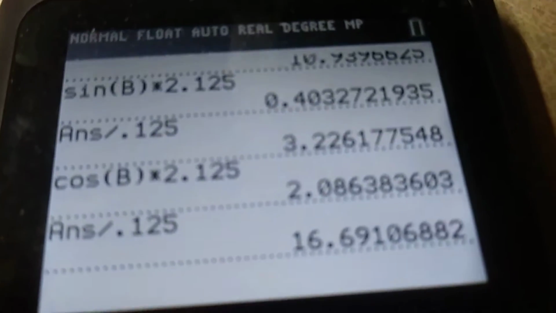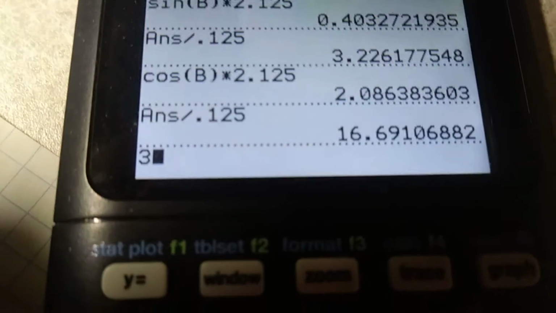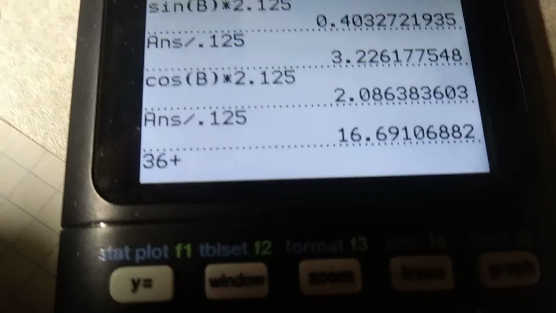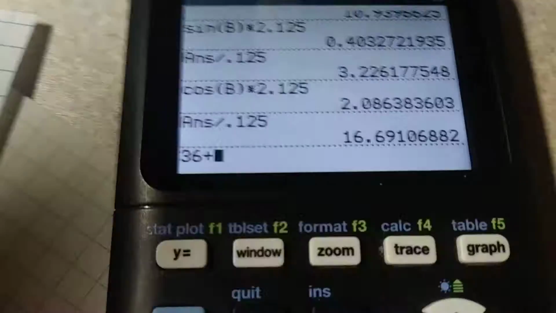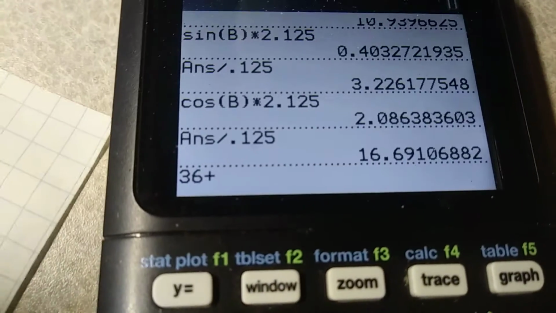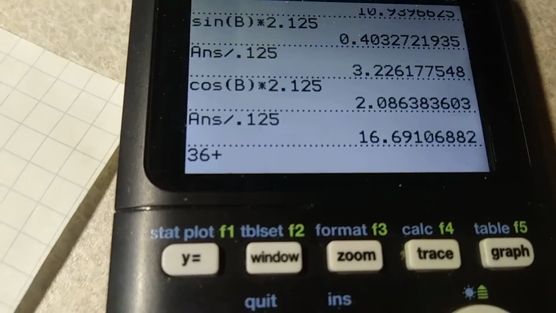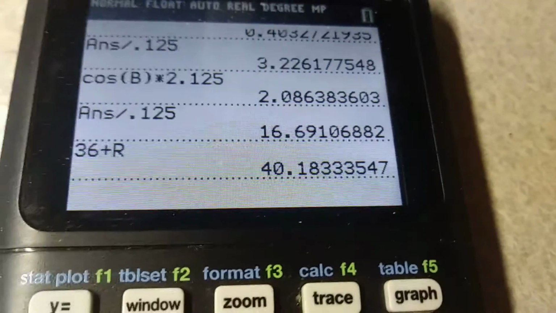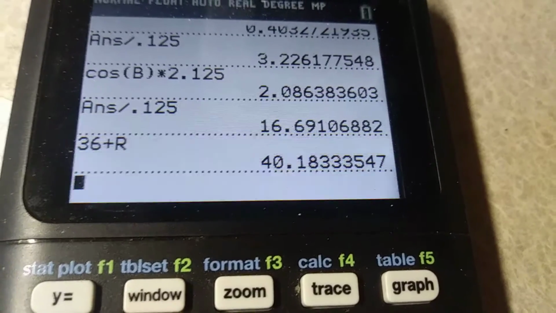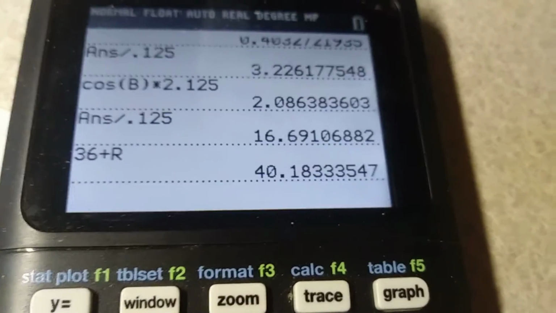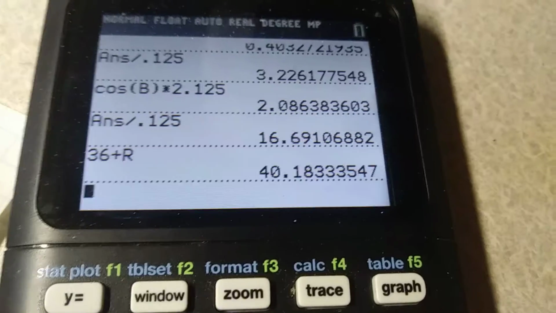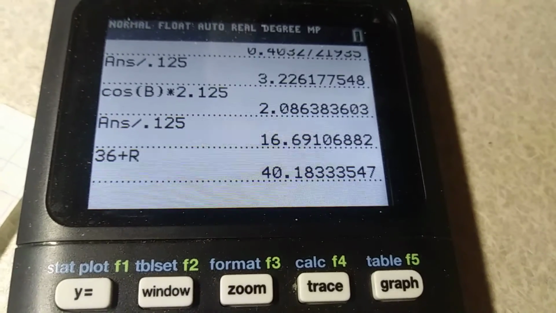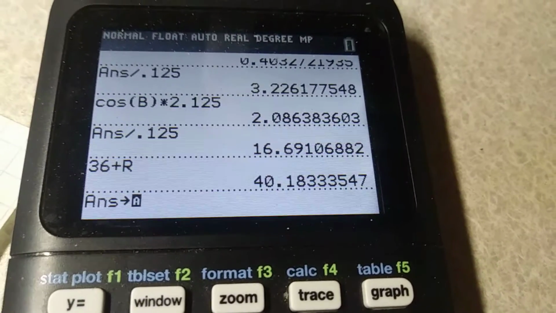Okay, so now this time we're going to take 36 degrees plus our rotation that was in R. 36 degrees plus R. Okay, that's where that hypotenuse will be. And let's store that in C.